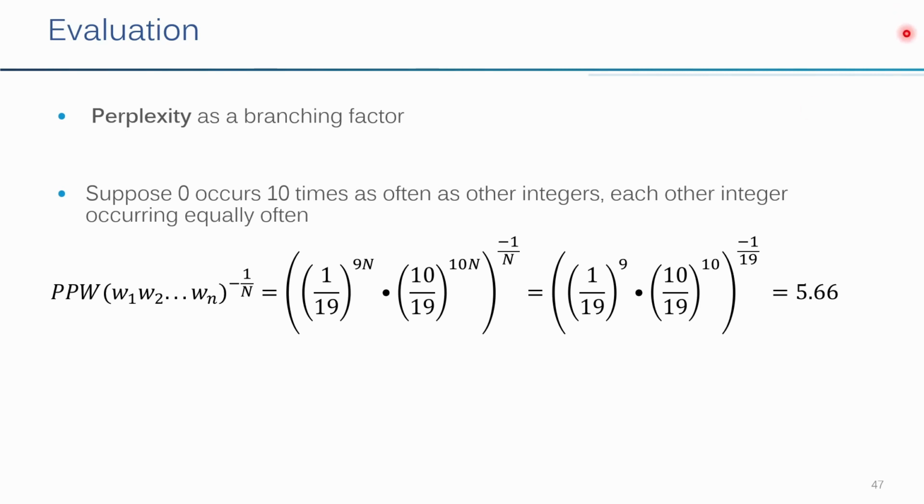In this case, the perplexity is going down, which means that the degree of surprise, the number of possibilities, is going down. This makes sense because if 0 is occurring 10 times more than any other digit, the measurement of surprise is going down, simply because in that sequence the probability of one of them is getting higher and higher with time.